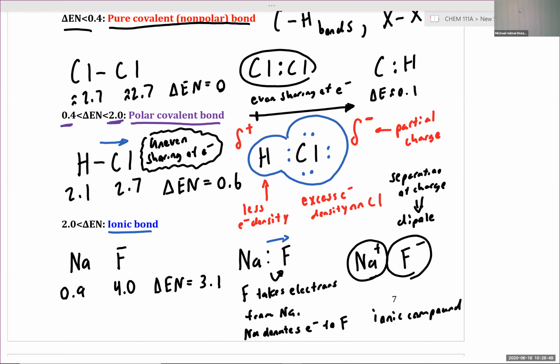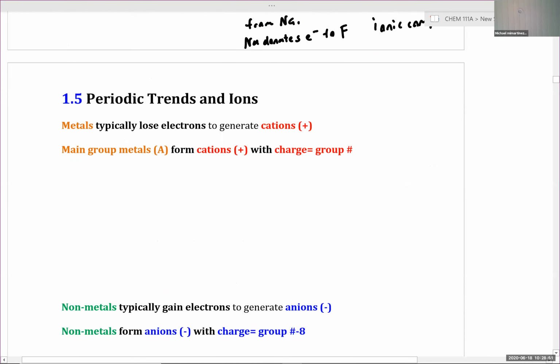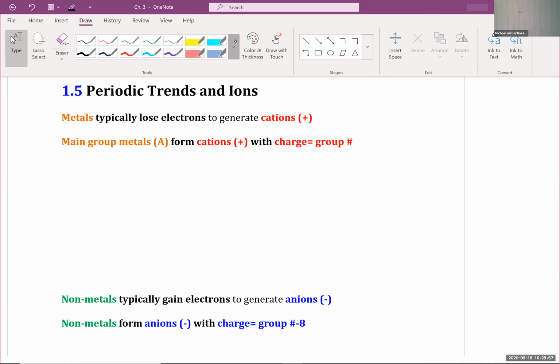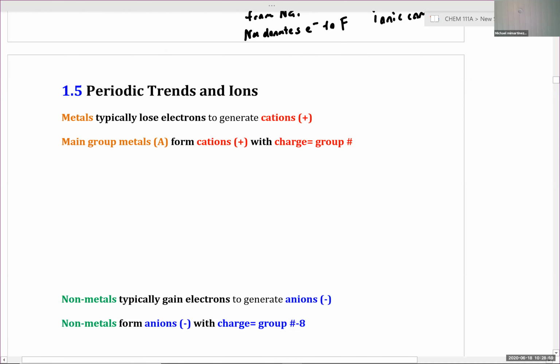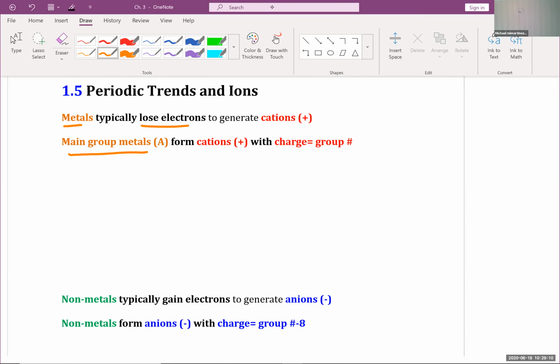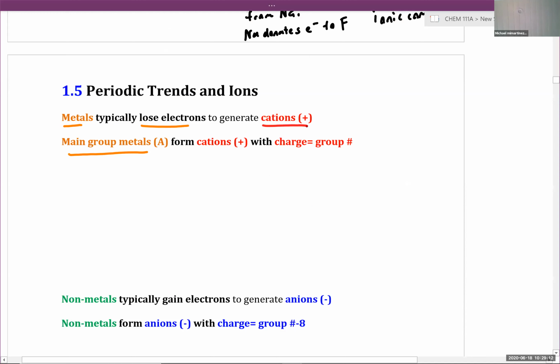If not, let's continue on and let's talk about periodic trends and ions. So, we've seen from our previous discussion that metals aren't very electronegative. So in chemical bonds, metals will typically lose electrons. And when they lose electrons, they will form cations.